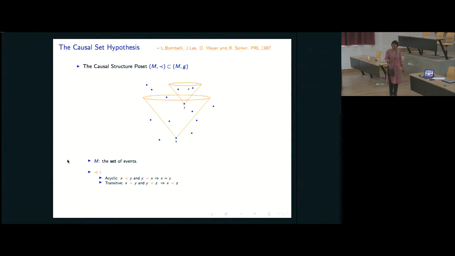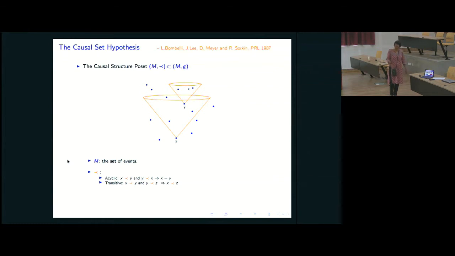So you take the spacetime (M, g), but strip it of everything except the following. You have the set of events and the order relation, which is a causal order relation. Here we assume that this spacetime is a causal spacetime, but that's all you require.